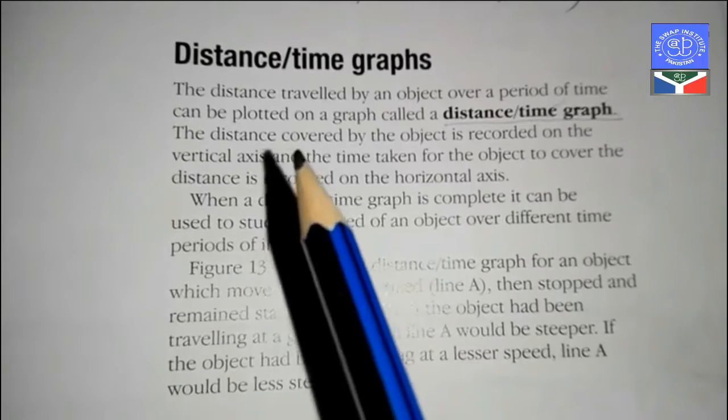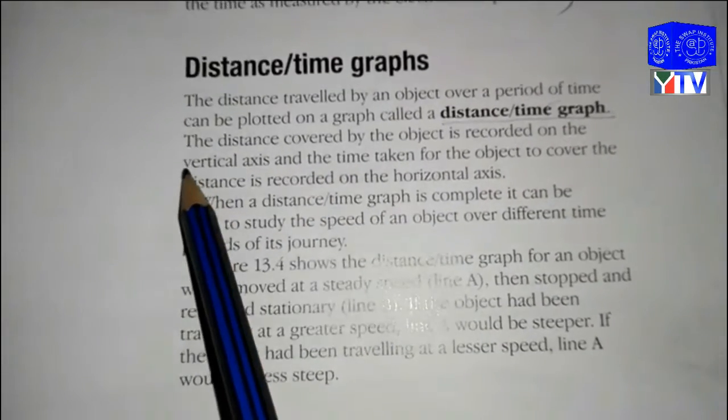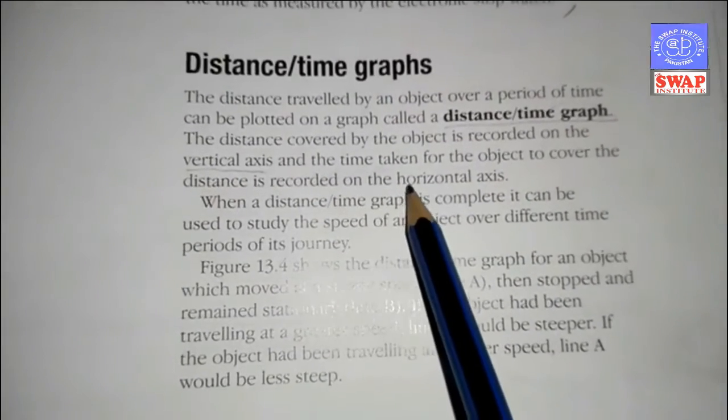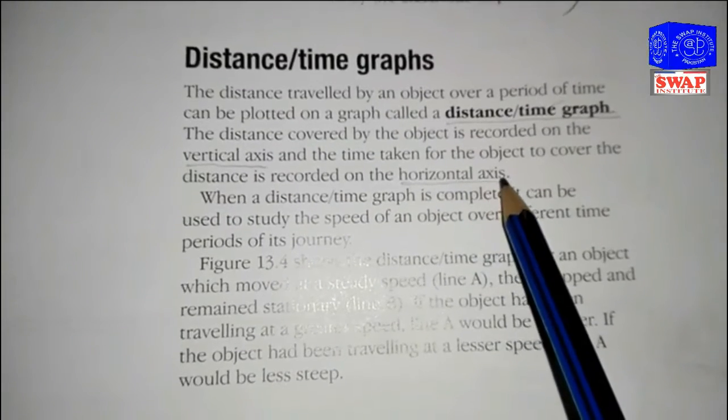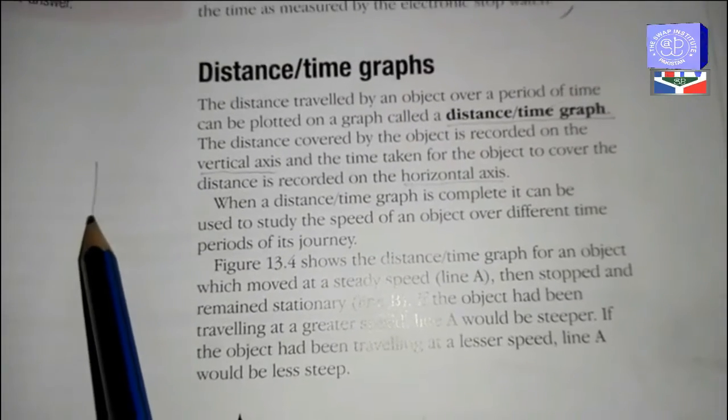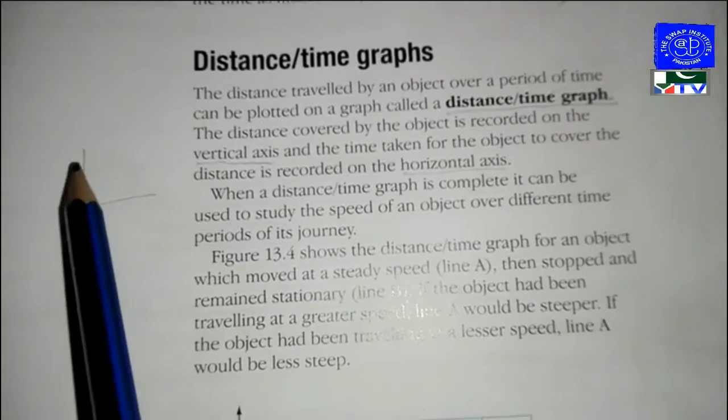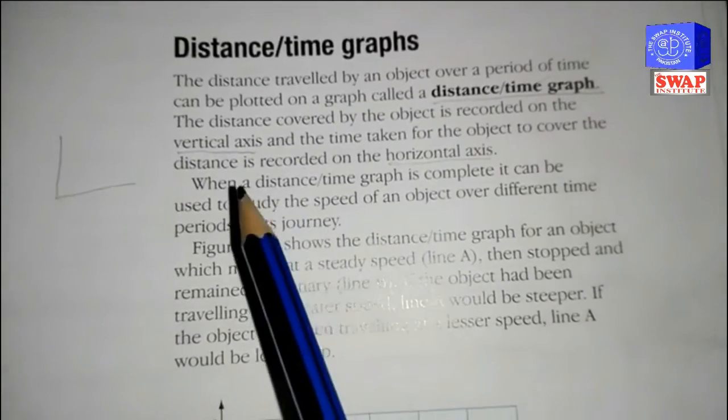There are two things: the vertical axis and the horizontal axis. Vertical axis this one, and horizontal axis this one. Both are perpendicular to each other.